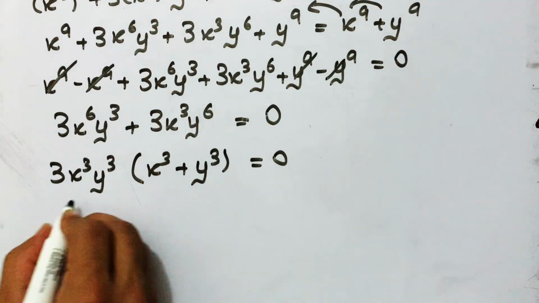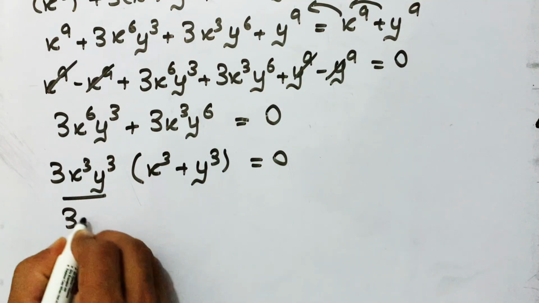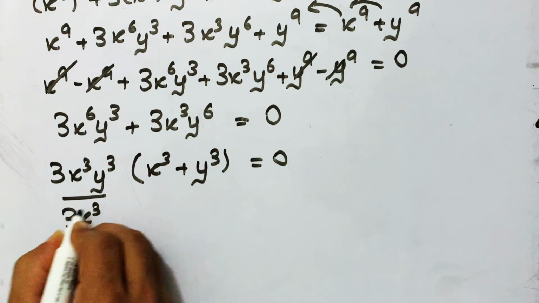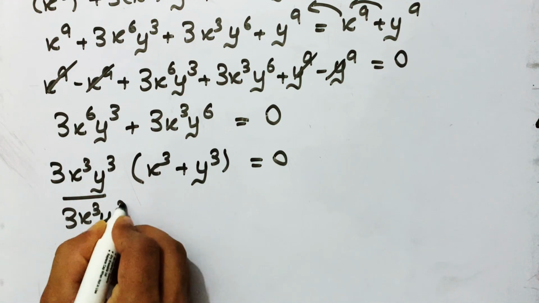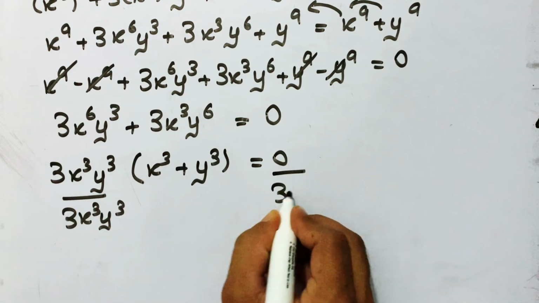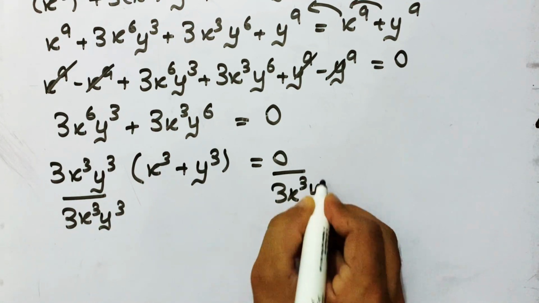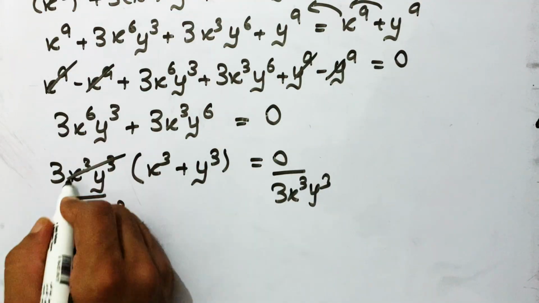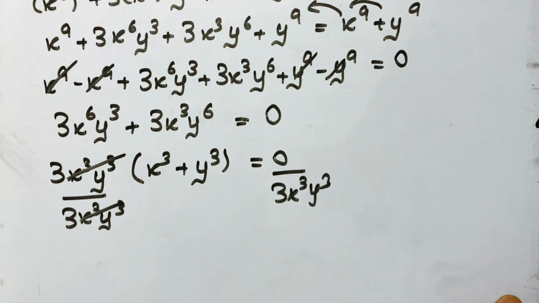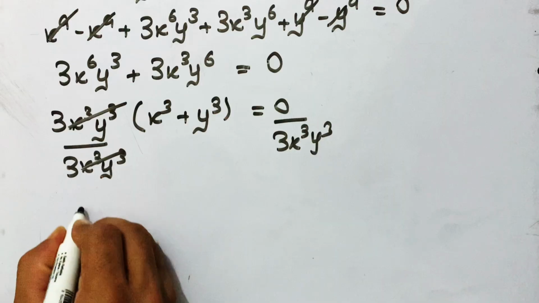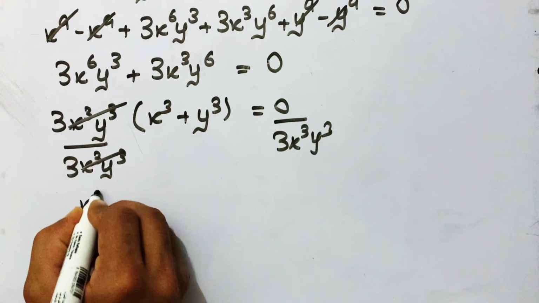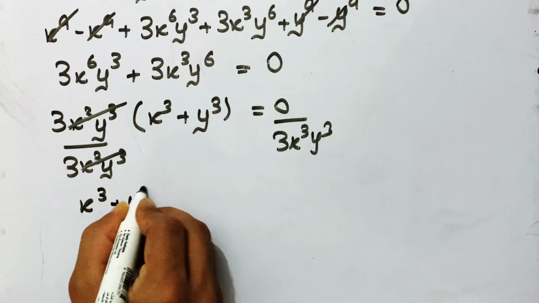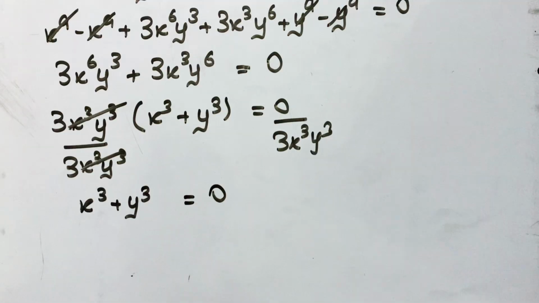Now I am dividing both sides by 3x cube y cube. Zero divided by 3x cube y cube is also 0, and numerator and denominator cancel out. So our resultant term is x cube plus y cube equals 0.